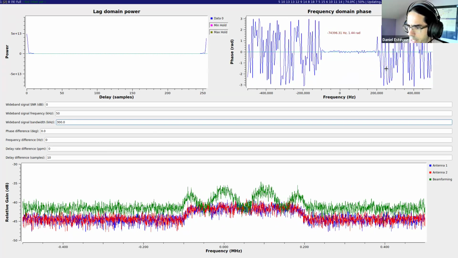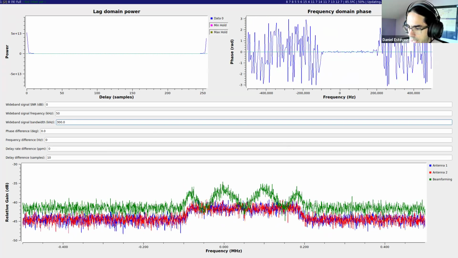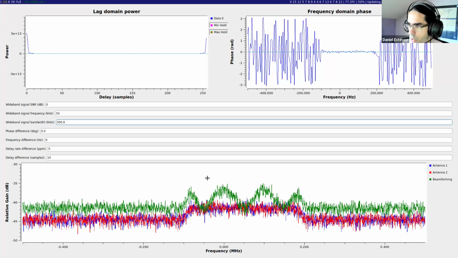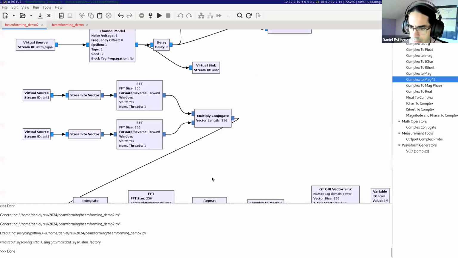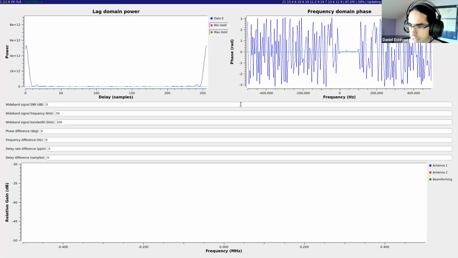I expected a phase slope versus frequency, which is the thing which is causing this. So I have probably made a silly mistake. Oh, I see. Yes. So my silly mistake is I did the antenna 2 connection before applying the delay. So of course things didn't work.